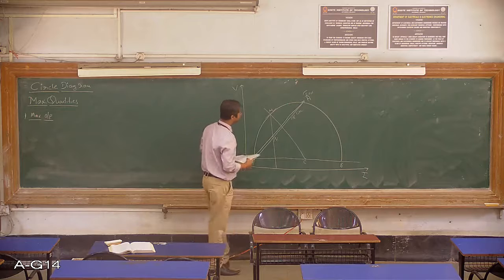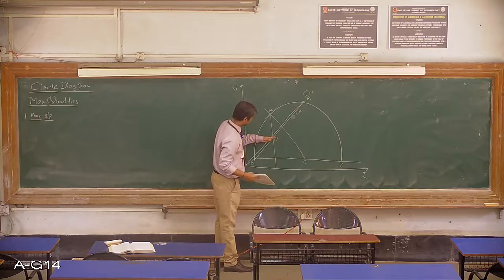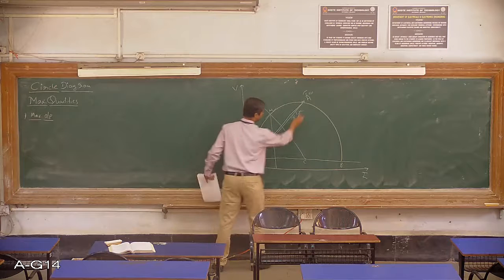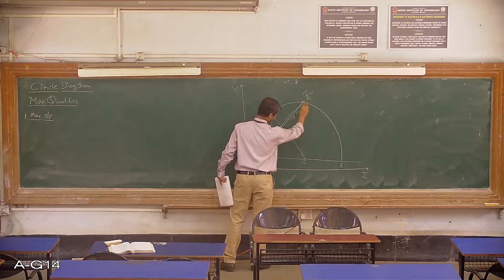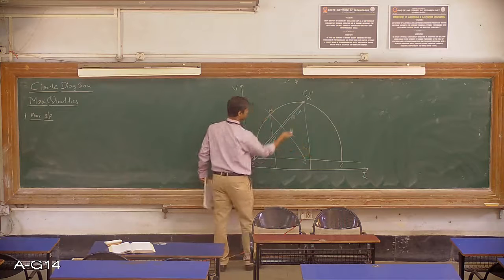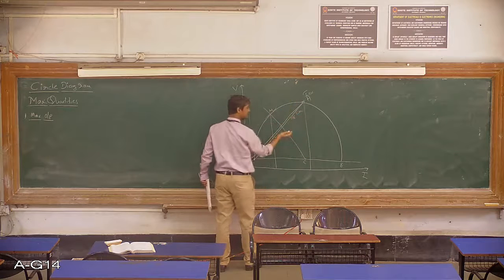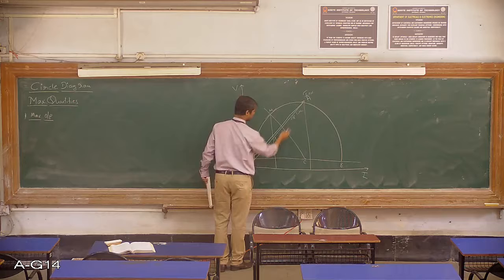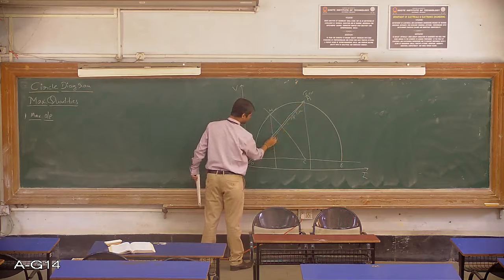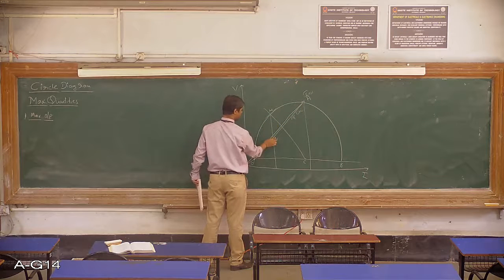Now we know that above this point is the output, because this entire vertical length gives us the losses. This line is extended from the point A, so everything above this line is output.